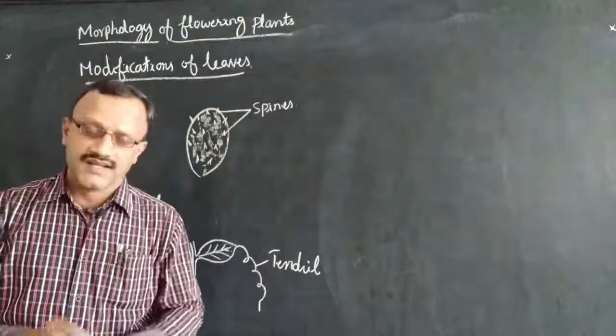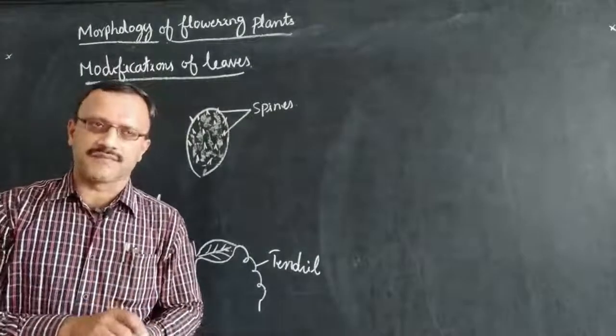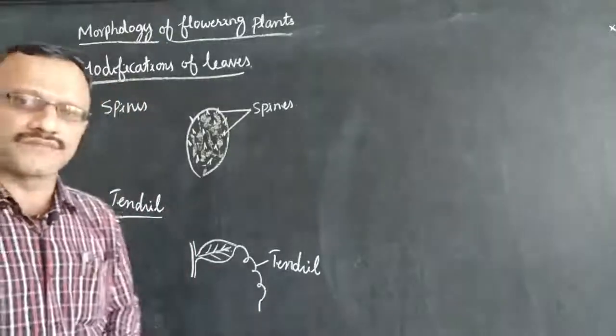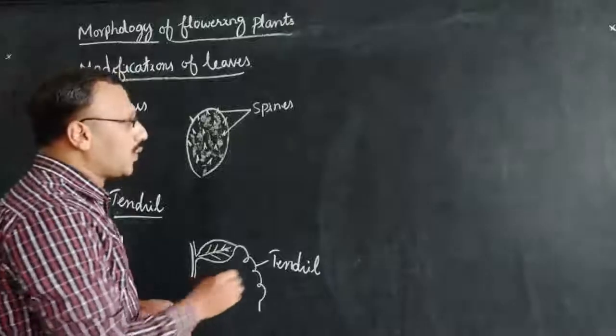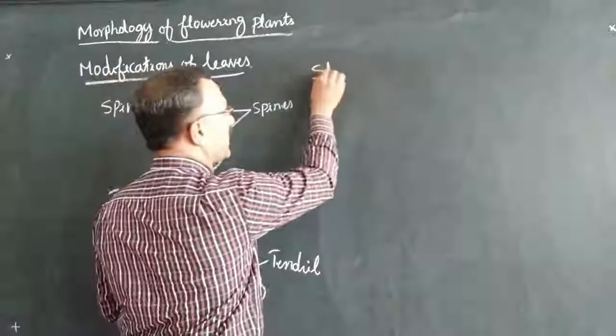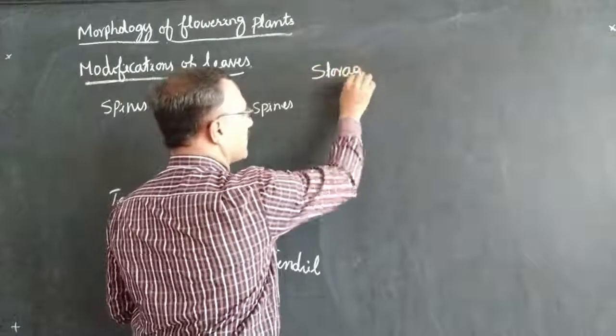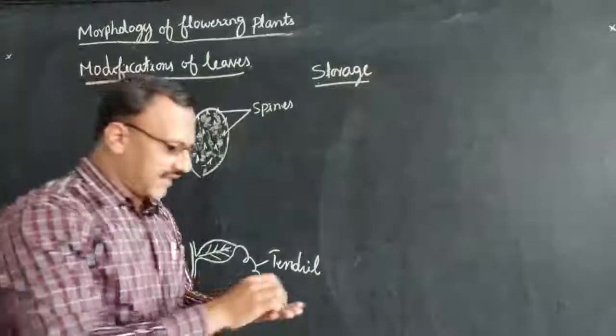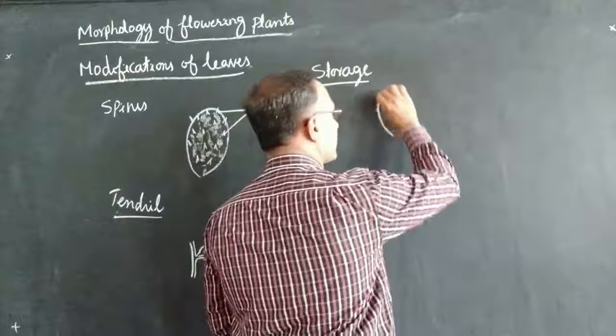Similar to that, some of the leaves, for example in the case of onion, are bulged and meant for storage. It is called a storage leaf, meant for storage, like in onion.